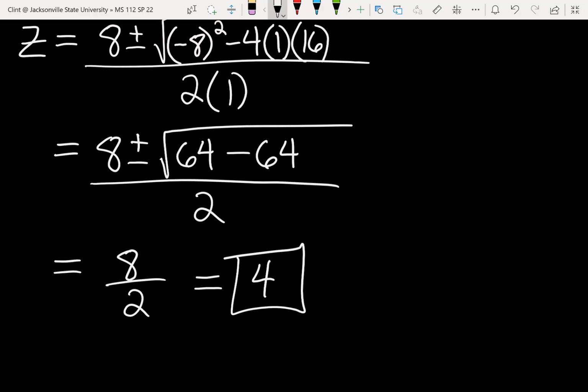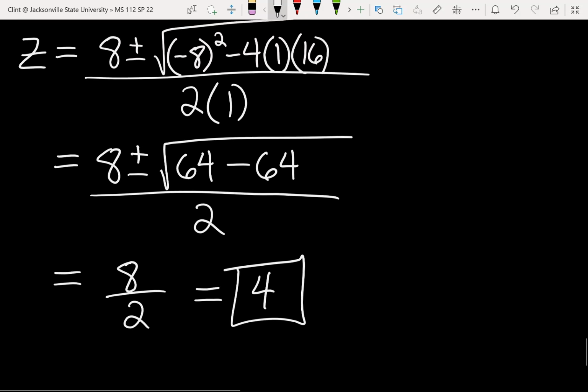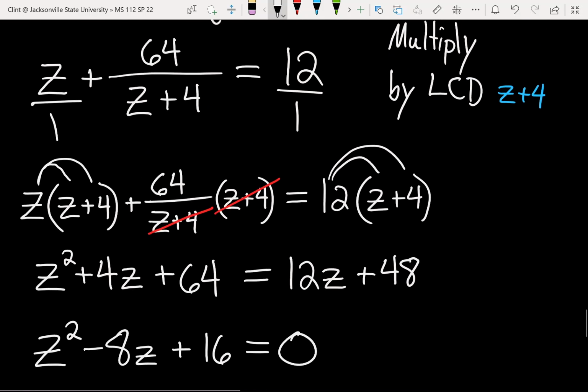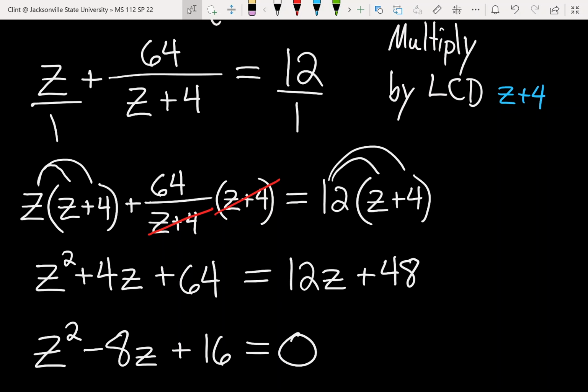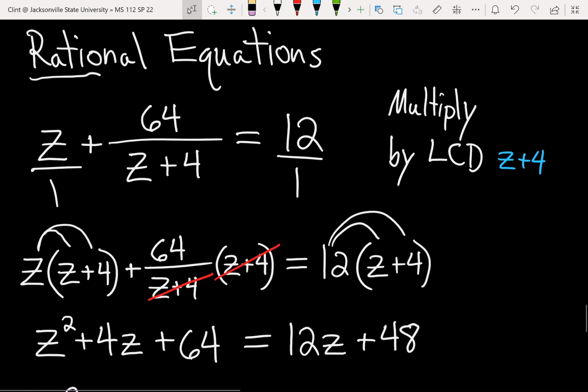One other thing we need to be careful of, we do need to check something. So we've got a potential solution of 4. What we need to check, so you can check the whole thing, plug it in and make sure it all works out. That's good. But we especially need to check that if we put 4 into our denominator for z, that we're okay.